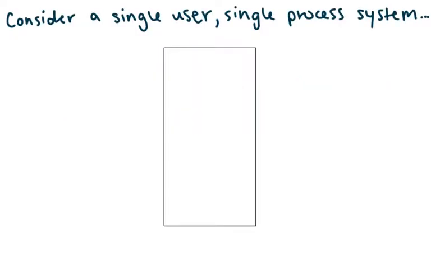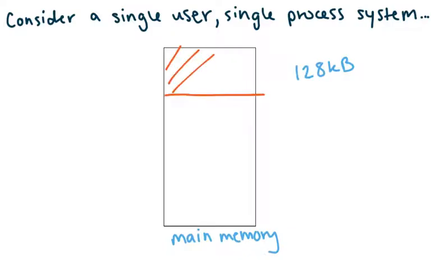So first, let's consider a single user, single process system. Let's say that we have 128 kilobytes of main memory. And let's further say, I don't know, say 35 kilobytes is used up by the OS.